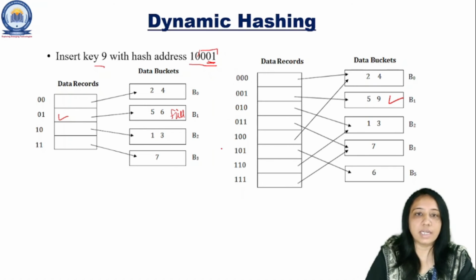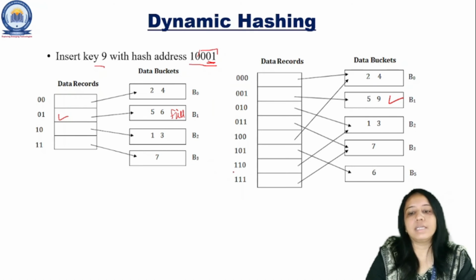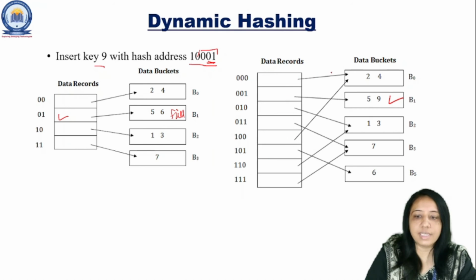Now here, for the data records, you can see we have considered the last three digits, so in total eight entries are going to be created. For 2 and 4, the last three digits are the same, so they will be stored in the same bucket 0. 1 and 3 are also the same, so they are stored together, and 7 is too.